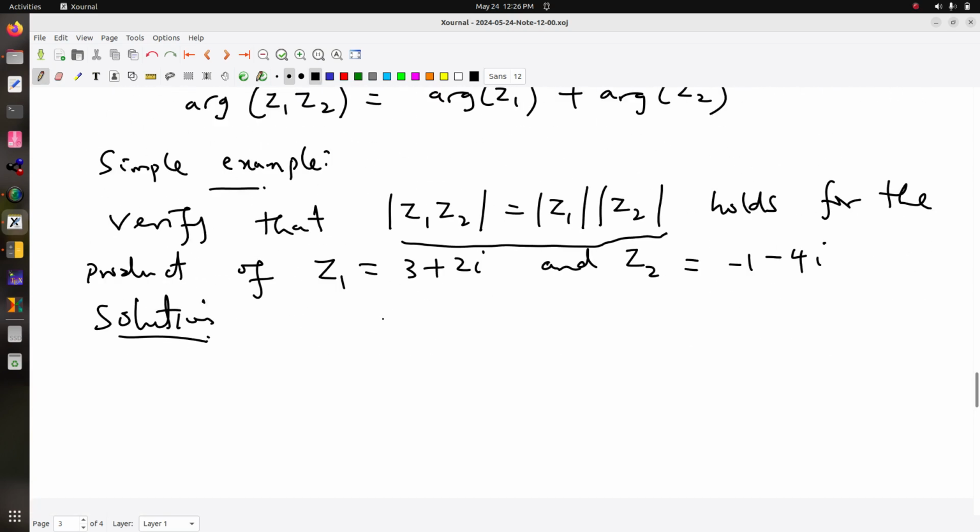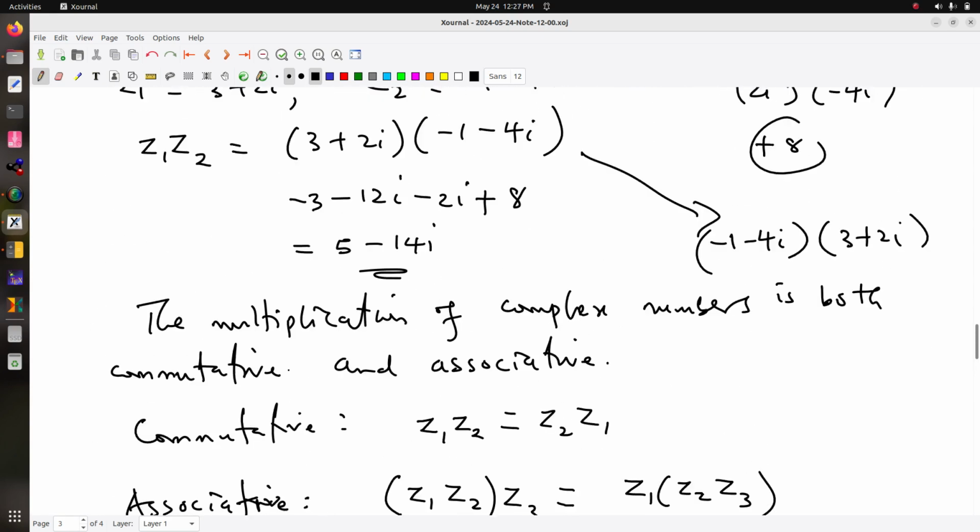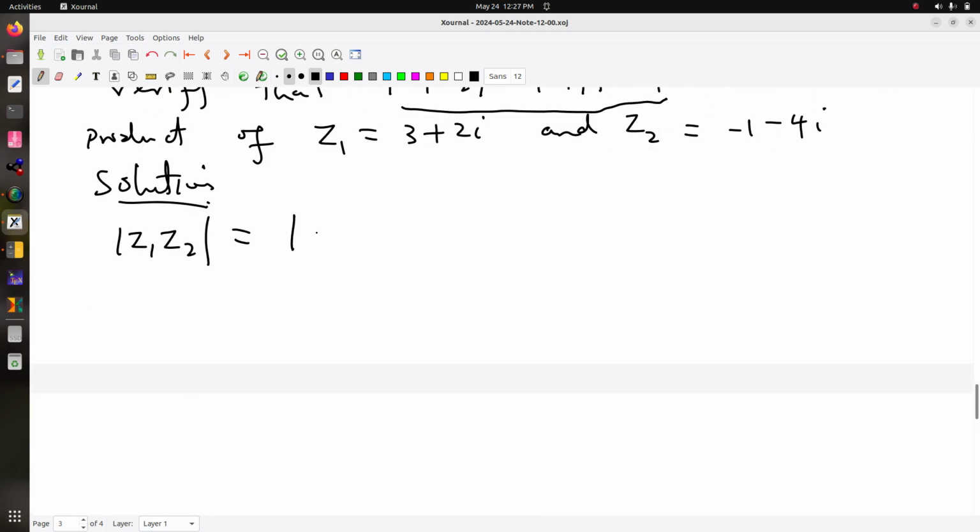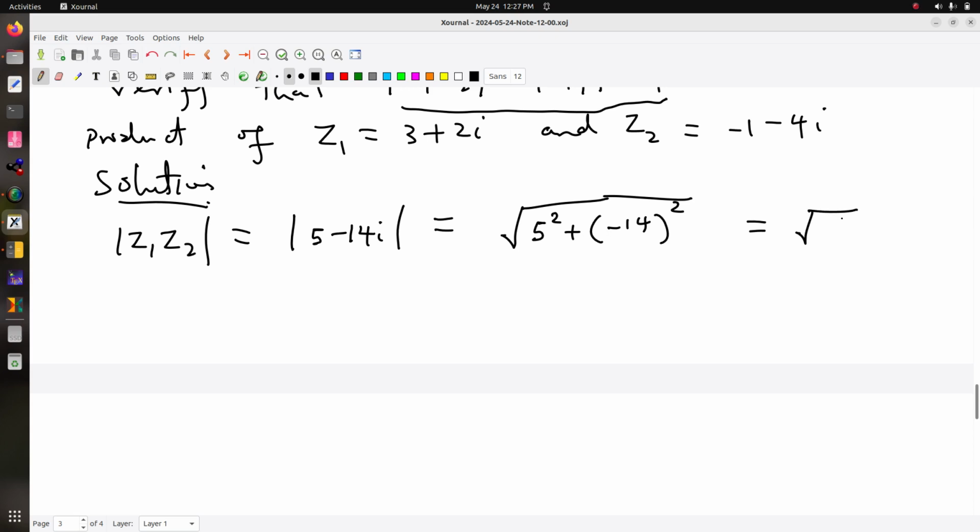So the modulus of z1 z2 is the modulus of 5 minus 14i, which means the square root of 5 squared plus minus 14 squared. And that will give the square root of 221.